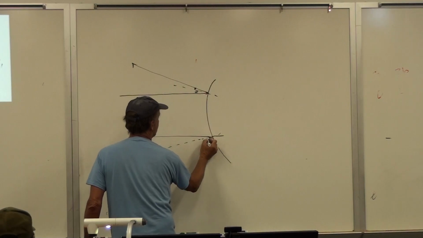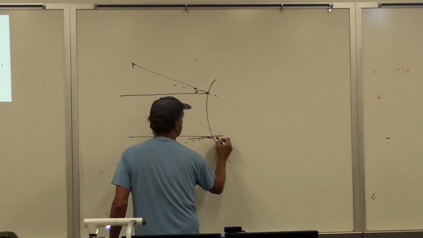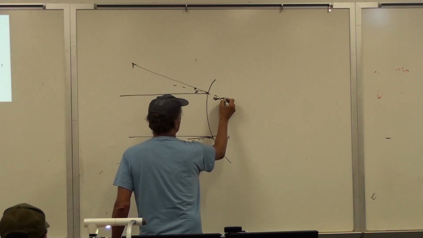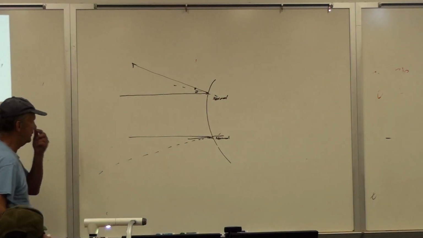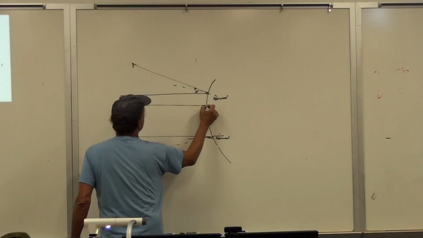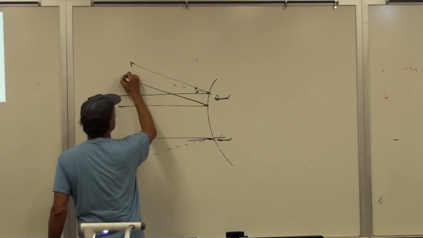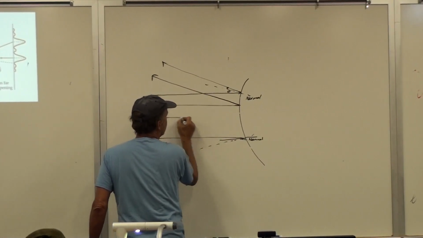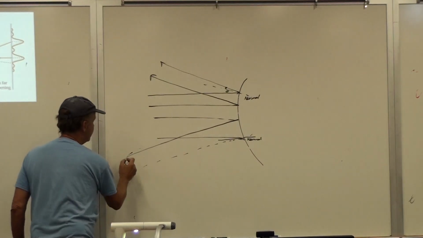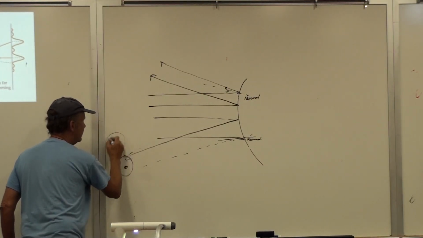And then this would be the normal at that point. Remember, everything's always measured relative to the normal. So these parallel beams come in, they bounce off, and spread out like that.